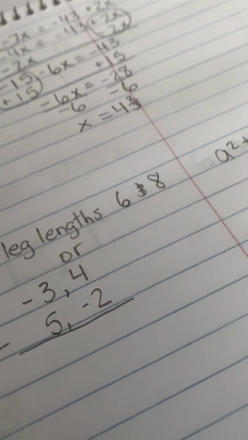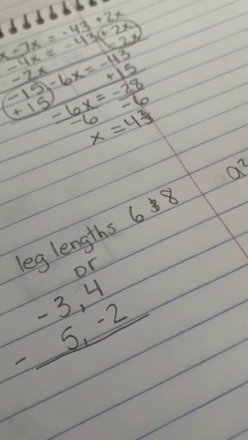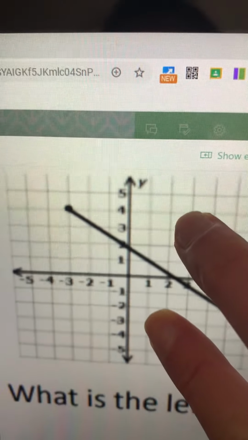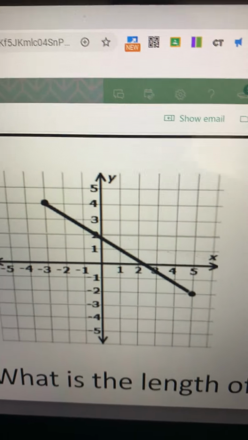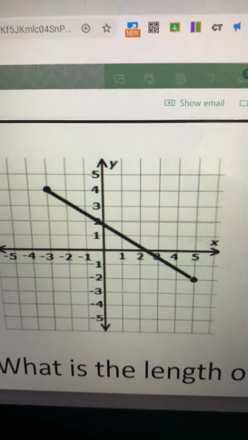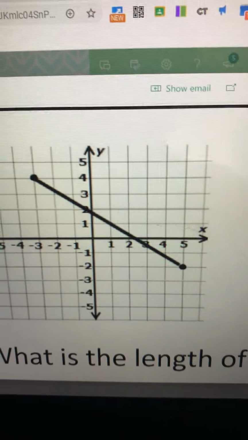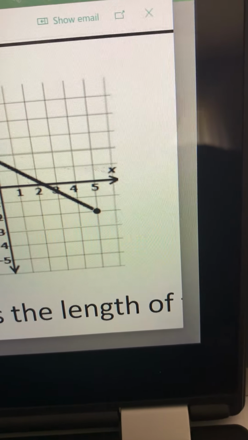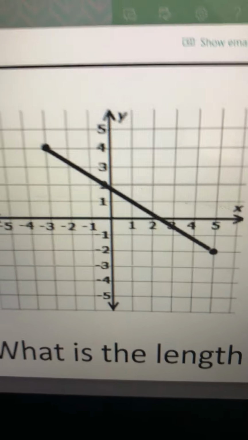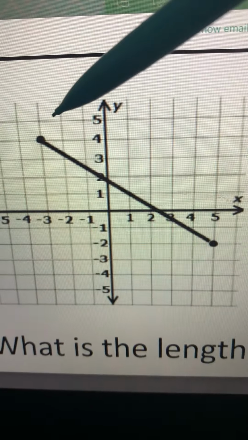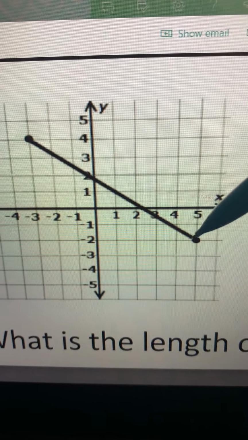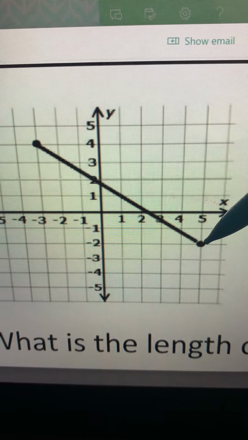Number 5 says, what is the length of the line segment? And we're given a graph here. So when you're given a graph and it asks for the line segment, you can do it exactly like we did on number 3, where you can find your 2 points, where this would be point -3, 4, and this would be point 5, -2.